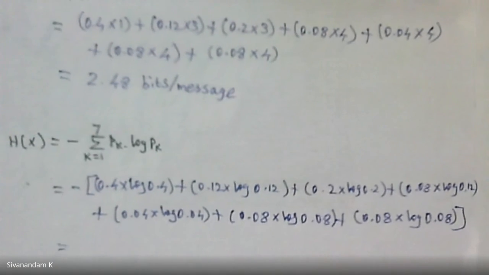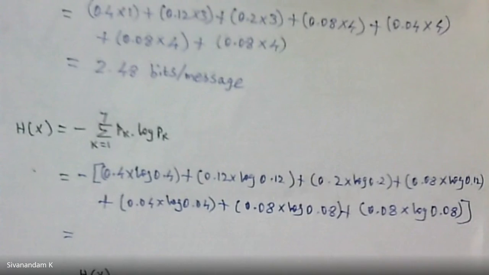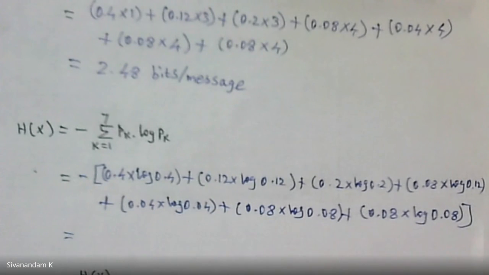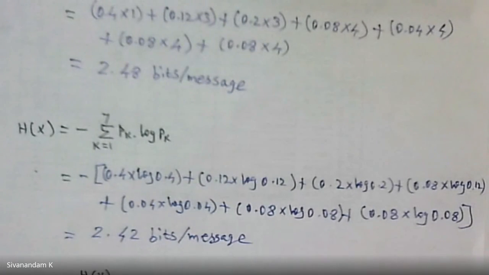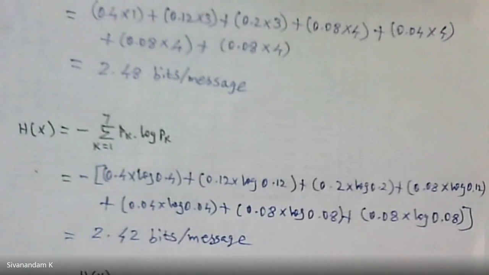So the final value after the reduction is 2.42 bits per message. So up to now we have got average length of the code and entropy.